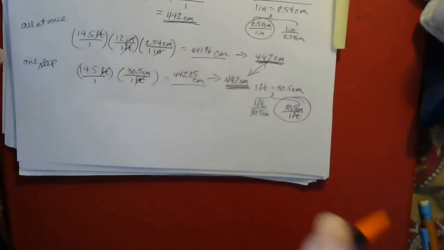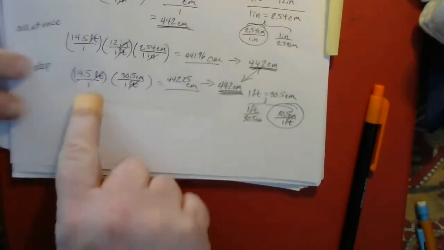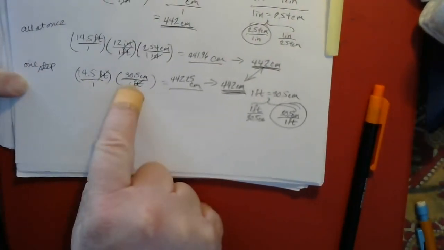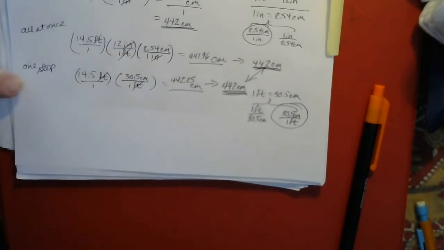So there are a couple of different ways you can do that. Most conversions can be done in practically an infinite number of different ways. The different approaches will often have different numbers of steps in them. Like we saw here, you can do it in 1 step if you know the right conversion factor, but you might not, so you might have to use more than 1 step.